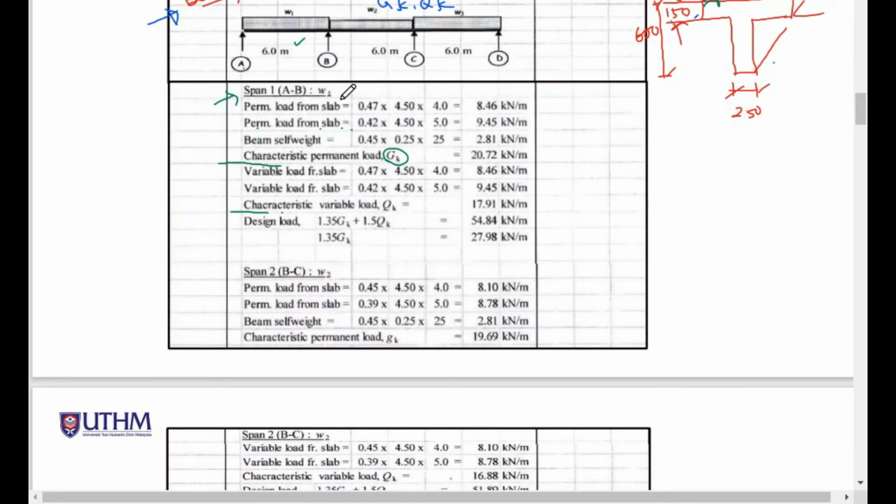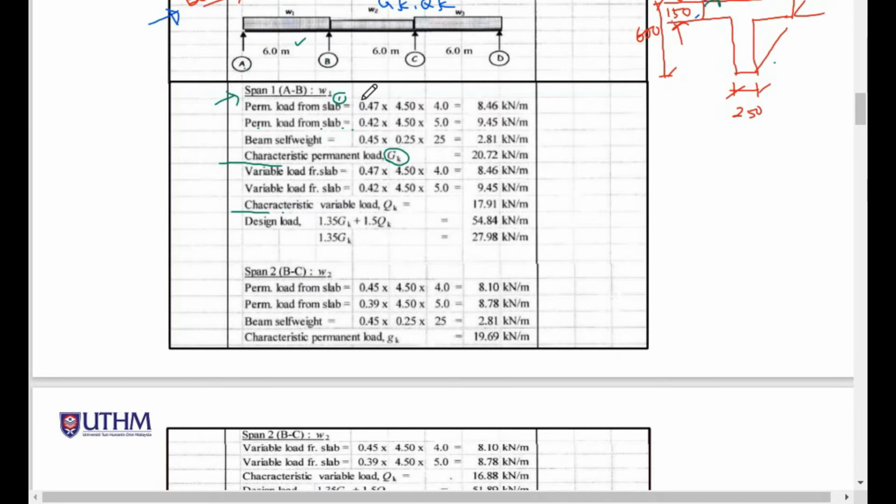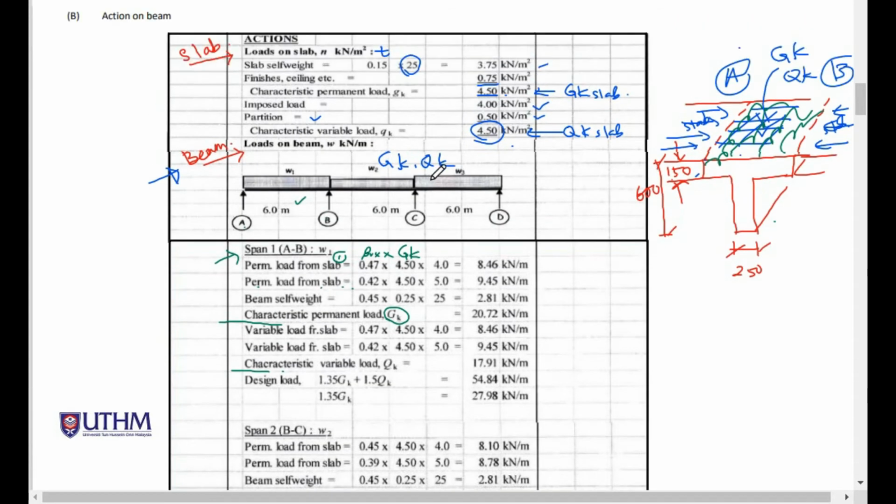Slab number 1 is beta Vx multiplied with the GK, and the GK value here is 4.5 multiplied with the Lx. And the second slab is 0.42 multiplied with the GK, multiplied with the Lx for slab number 2.